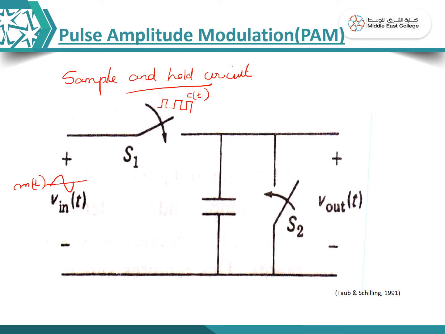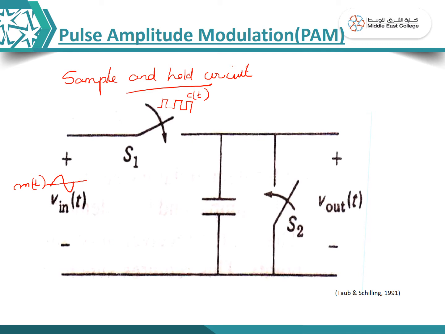The capacitor will start charging. How much will the capacitor charge? The capacitor will charge up to the amplitude of your message signal, during the time where the switch is closed. That means the carrier pulse is high.